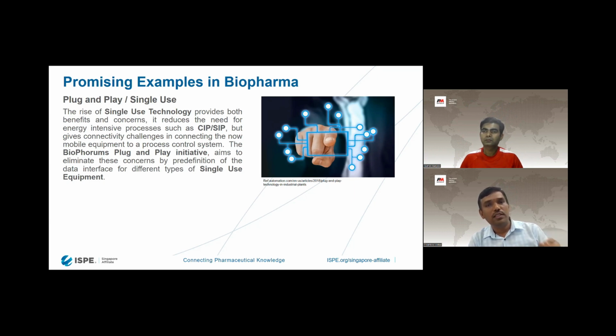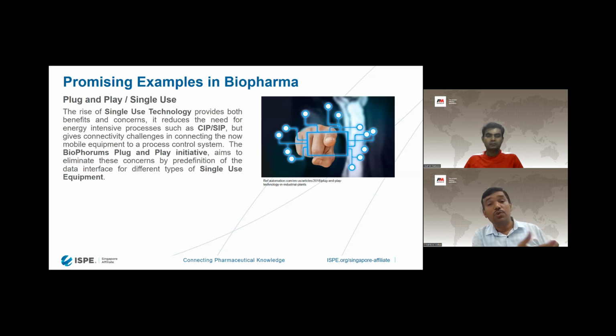Plug and play is nothing but a module in the automation developed in such a way that you can change single-use equipment, or periodically use analytical instruments. You just need to connect them, so that they can straight away have a predefined interface, and you can get this information to the process control system or the plant controller.